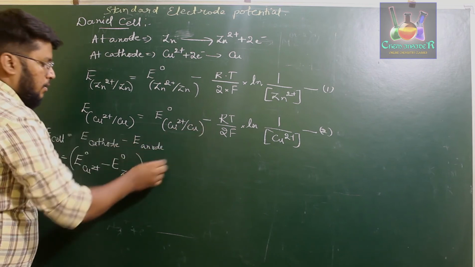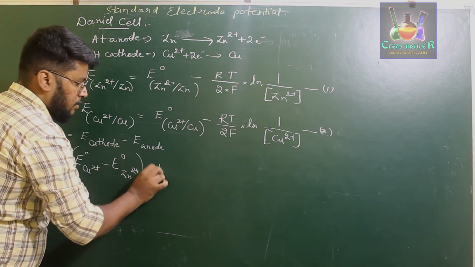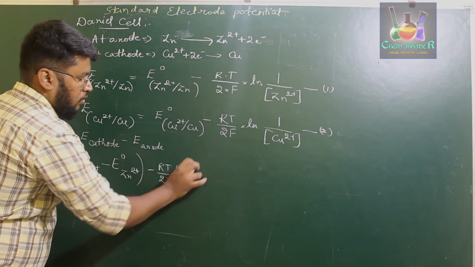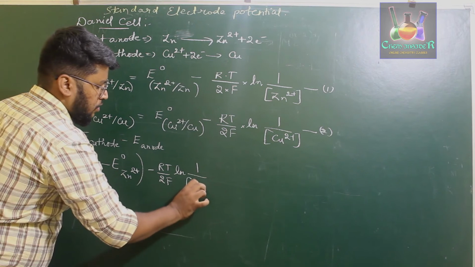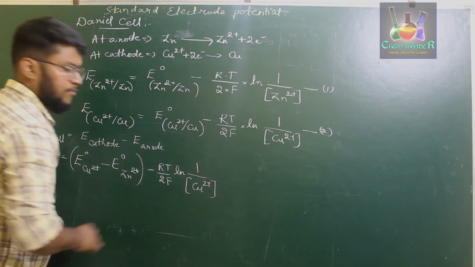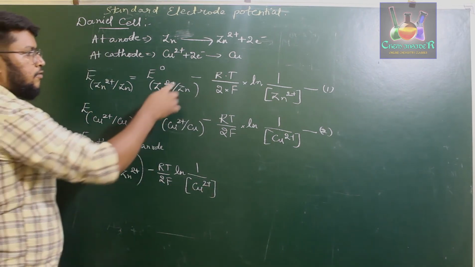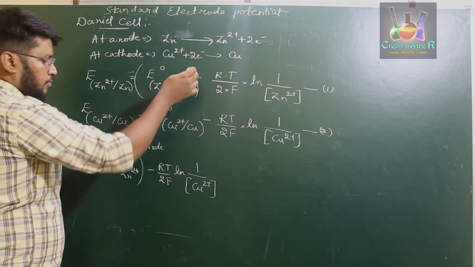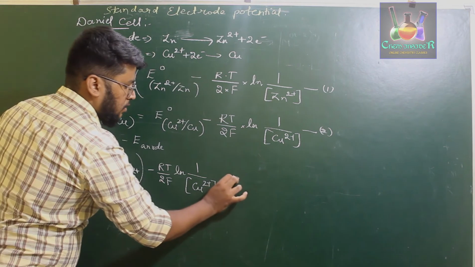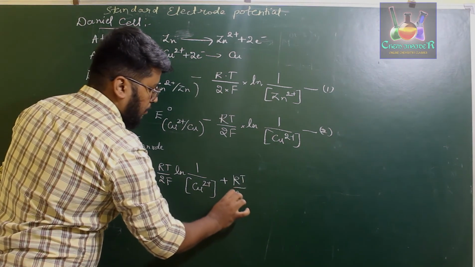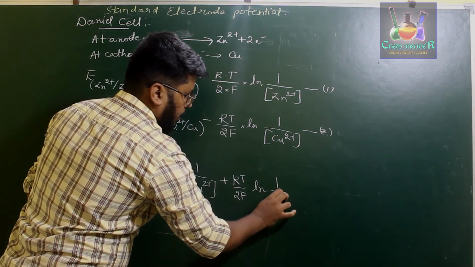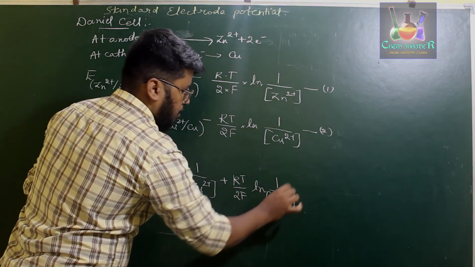Next is minus RT by 2F ln 1 by concentration of Cu2+. Minus of minus, because you need to have a minus over here, will be plus RT by 2F ln 1 by Zn2+ ion concentration.